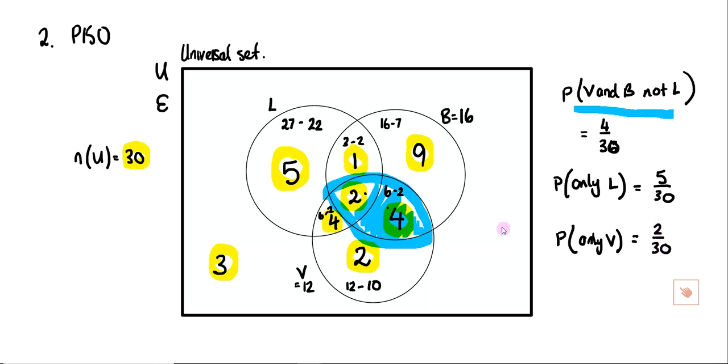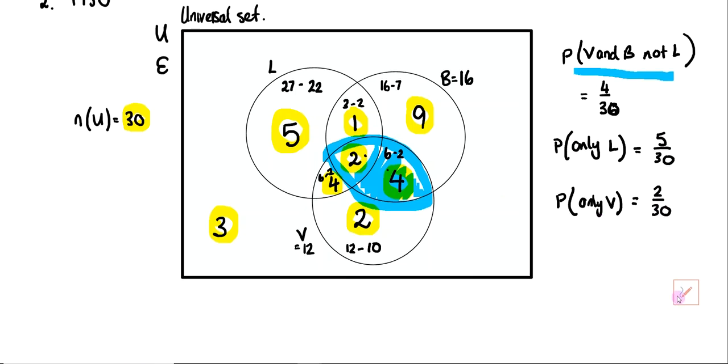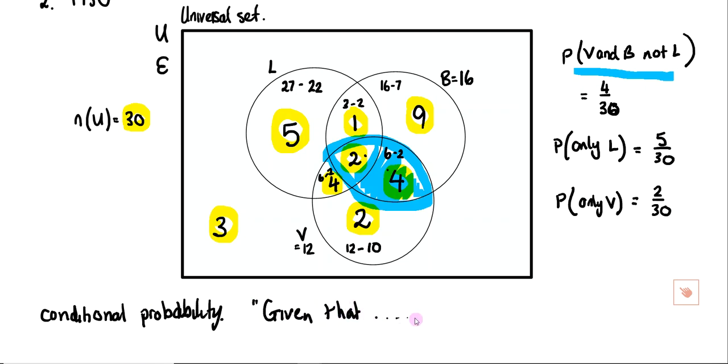Okay, now a question that's not in this one, but I want to go through with you, is what we often see in Venn diagrams, called a conditional probability. Conditional probabilities with Venn diagrams normally start like this: given that, blah, blah, blah, and then there's a question. That makes sense?